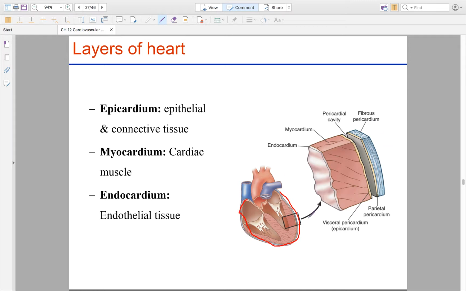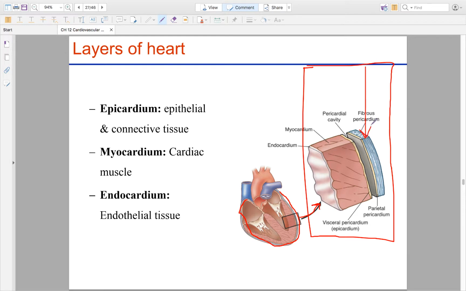Here they've taken a little piece of the heart so we can look at it from a side view. The epicardium is the outermost layer. There's a little pericardial cavity, and then this thick layer in the middle is called the myocardium.